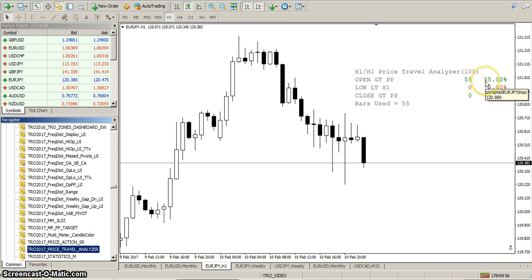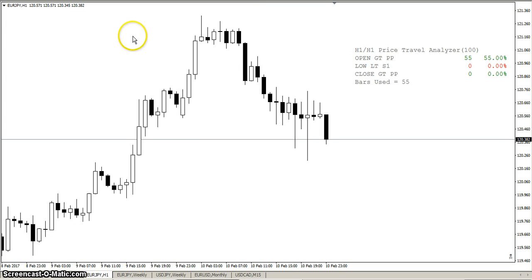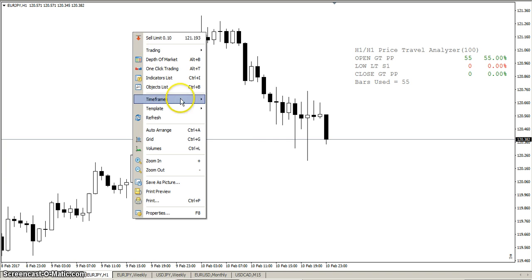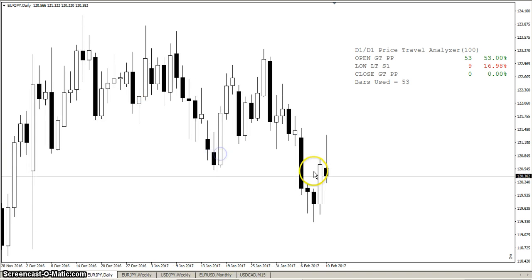And you see we get the analysis, but we're using the H1 time frame, and it really doesn't make sense using pivots on H1. So instead, let's move over to the daily. So you see here for the euro yen, that really didn't happen too much. It went below, but it didn't close below.